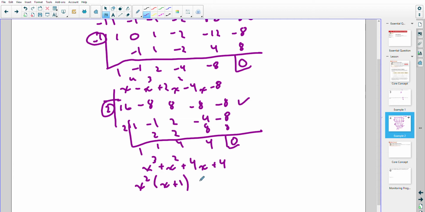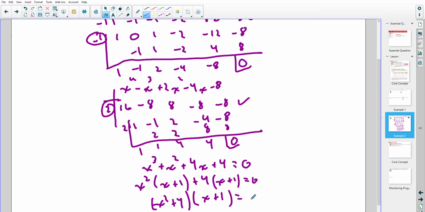So this is going to be factoring out an x squared and a 4. And I'm going to see that that's equal to 0. Now I can see that x squared plus 4 times x plus 1 equals 0.